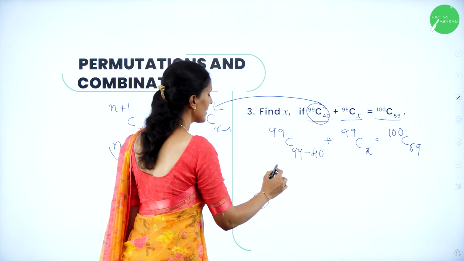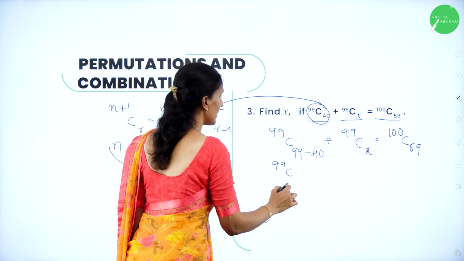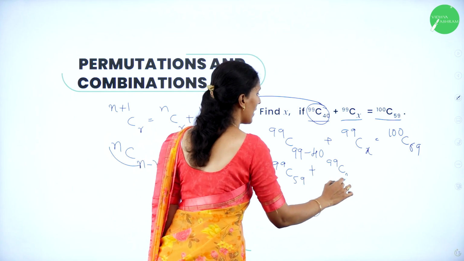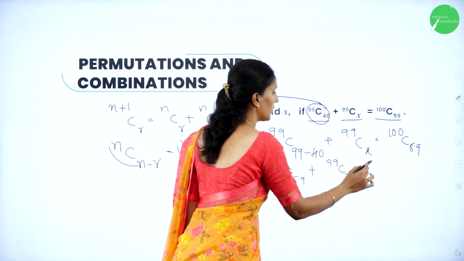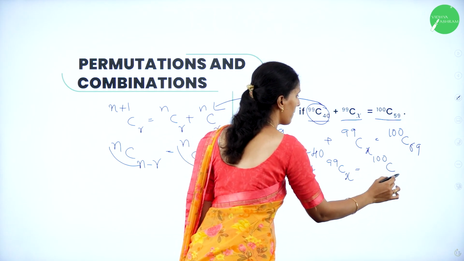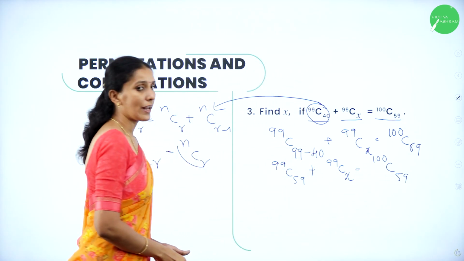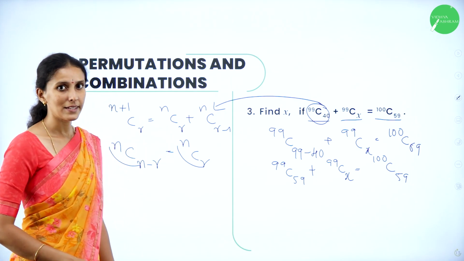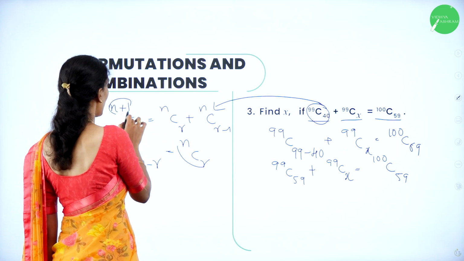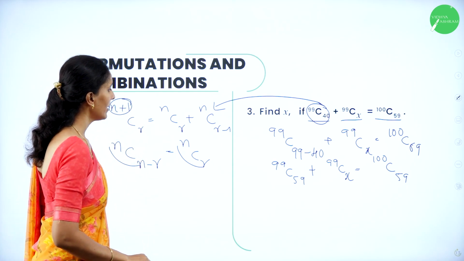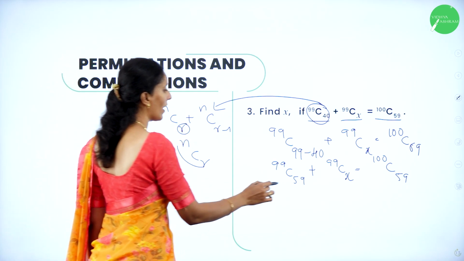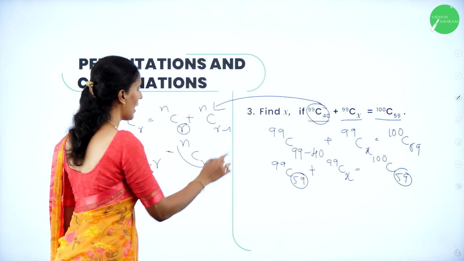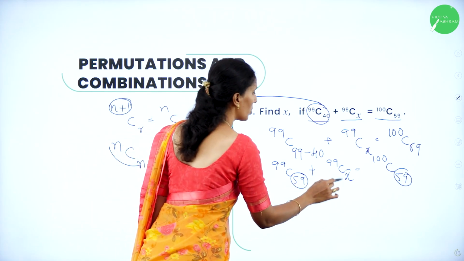Now write this as 99C59 plus 99CX is equal to 100C59. So you can clearly observe the formula here. In the place of N plus 1 you have 100, and in the place of R you have 59, and R minus 1 is equal to X.